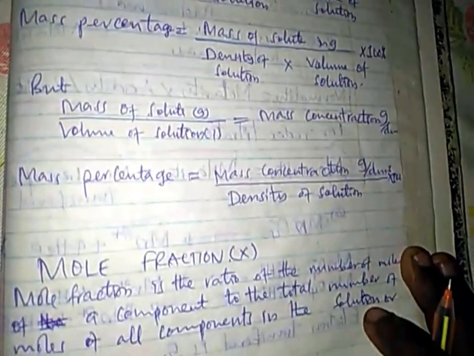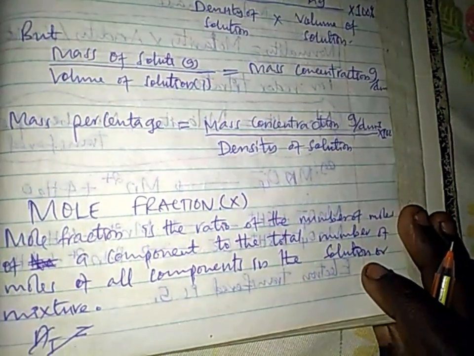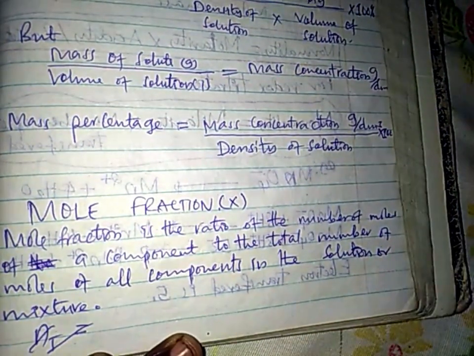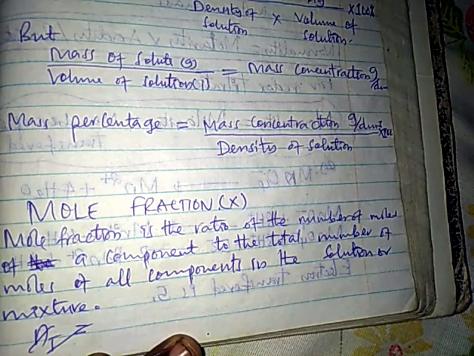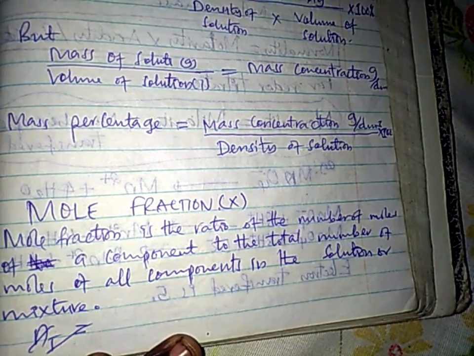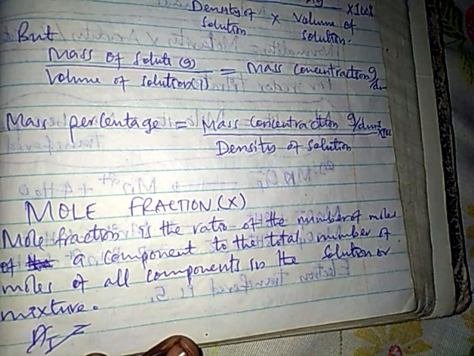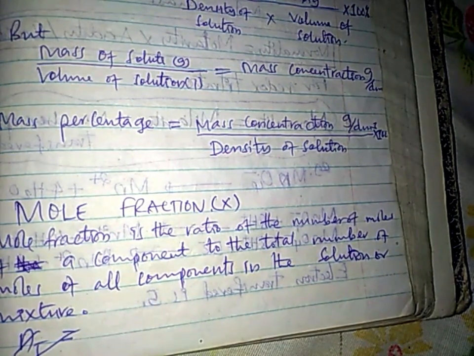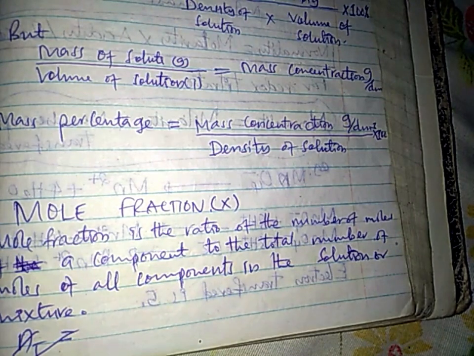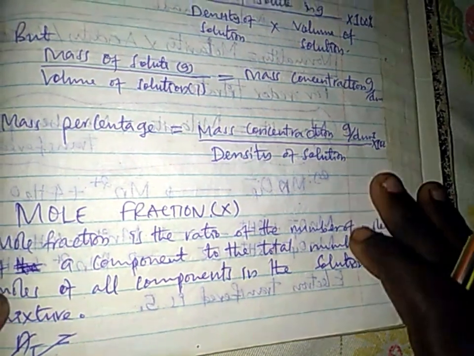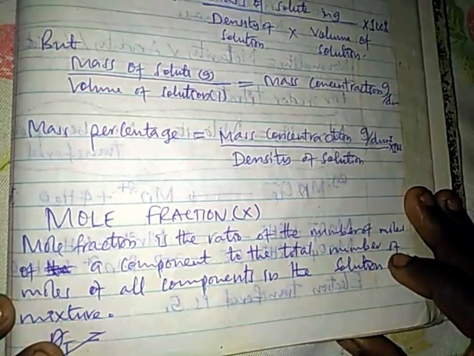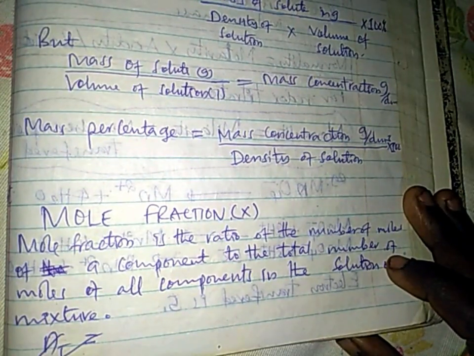So simply this is the derivation of how we can calculate the mass percentage, and that's the concept of mass percentage. Now let's jump to discuss the concept of mole fraction. Mole fraction is the ratio of number of moles of a component to the total number of moles of all components in the solution or mixture. As we discussed the concept of mole fraction in gases, mole fraction is the ratio of number of moles of a component gas divided by the total number of moles of all gases in the mixture.